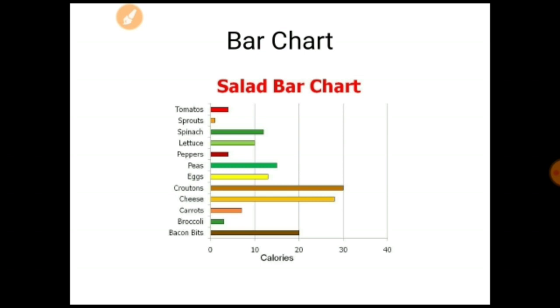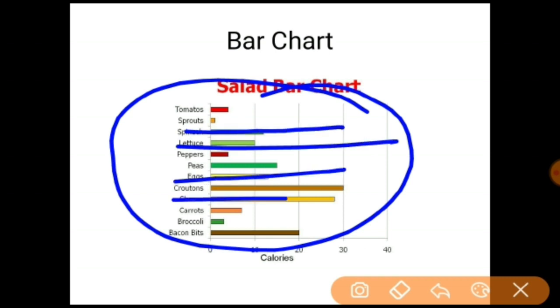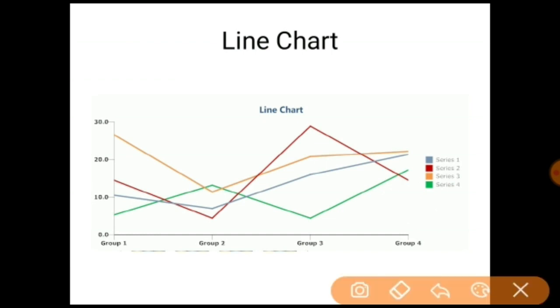Again, in bar chart we just have to represent the comparison between the number of things, but here you can see we are having horizontal lines, right? These are known as the horizontal values. Okay, next, the line chart. Line chart basically represents your comparison of the different items in terms of lines only.